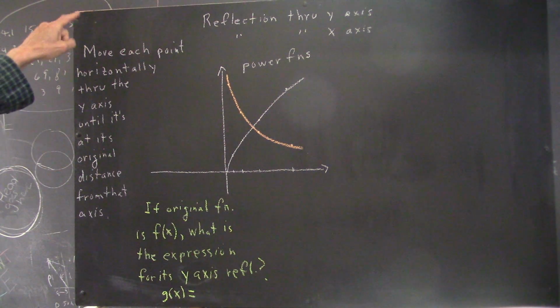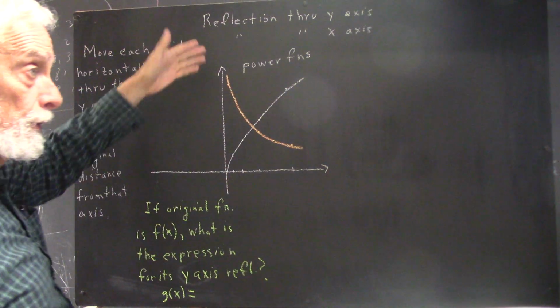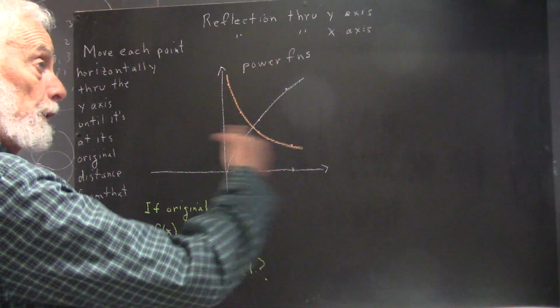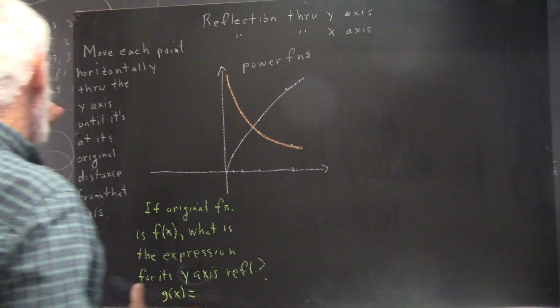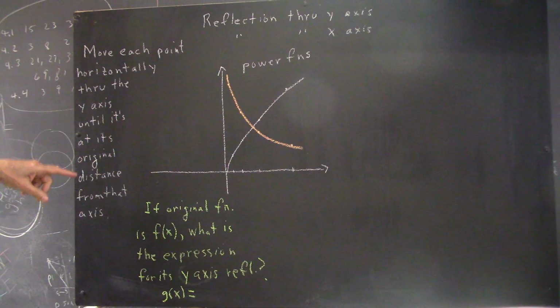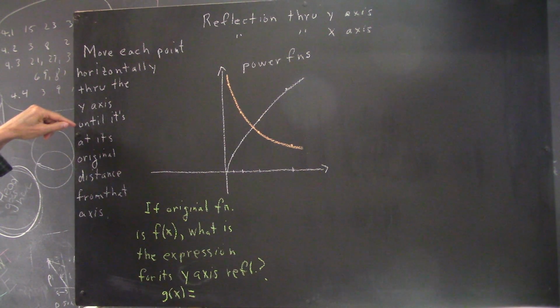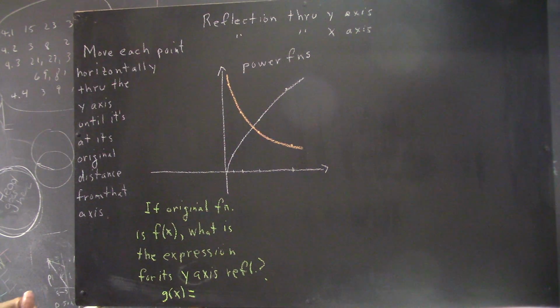But I'm going to say we move each point horizontally. That means the y-axis is vertical, the x-axis is horizontal, so we move in this direction or this direction along a horizontal line. We go through the y-axis until that point is at its original distance from that axis. Okay?